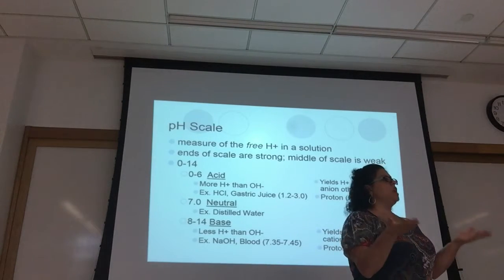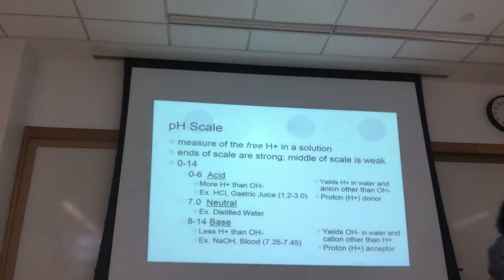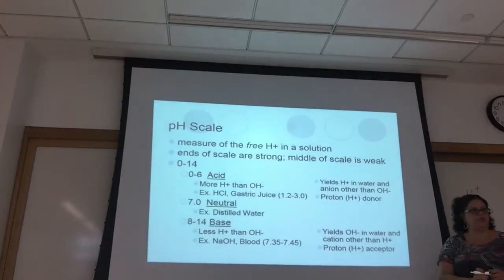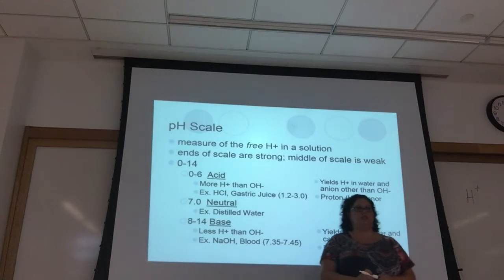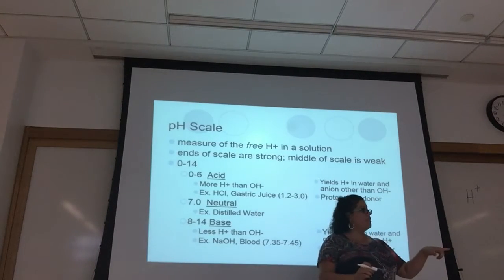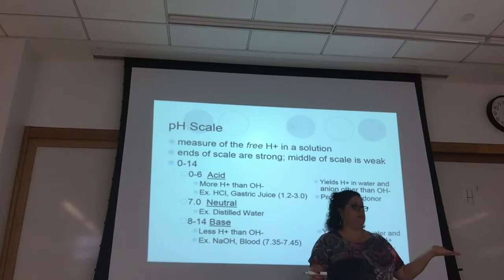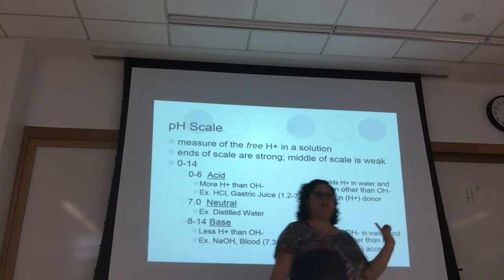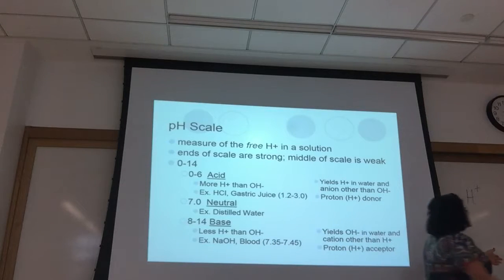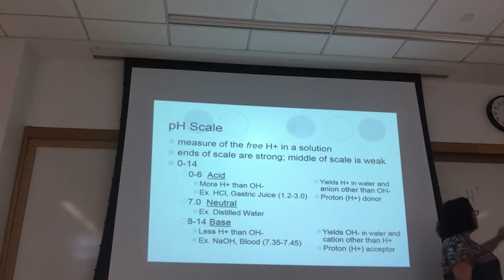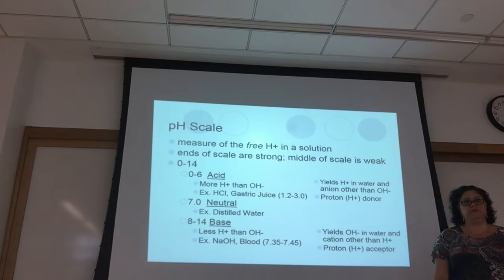When I say hydrogen ion, I'm talking about the hydrogen atom that has a positive charge. Why would the hydrogen atom have a positive charge? Good, because it has lost an electron. Remember we were saying before that it loses an electron in hydrogen? Well, this hydrogen ion is essentially just a proton by itself.